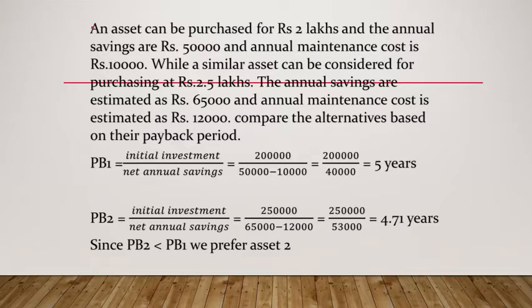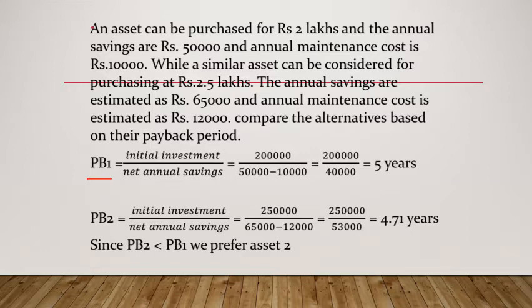Let us calculate the payback period of the first asset. Initial investment divided by net annual savings. What is the initial investment? It can be purchased at 2 lakh. Since there is no salvage value involved here, we need not deduct anything from the initial investment. If there were salvage value involved, then we should have deducted that salvage value from the initial investment.